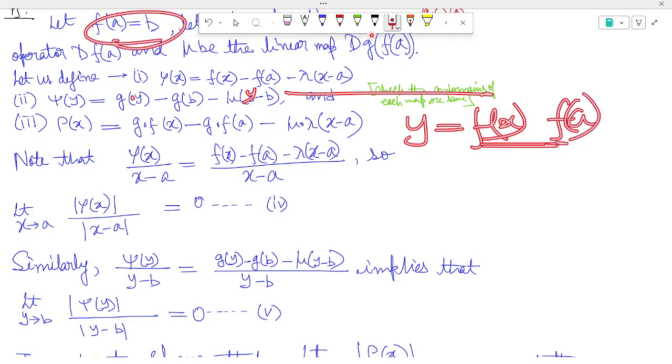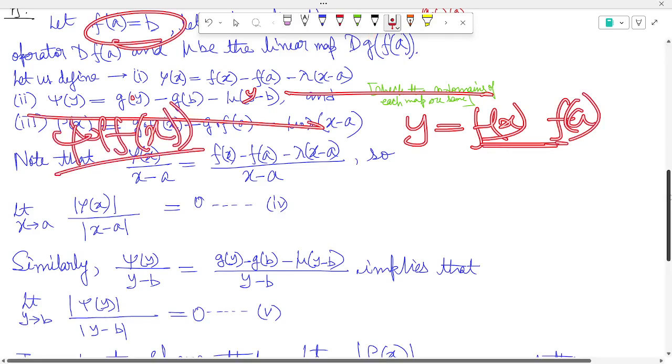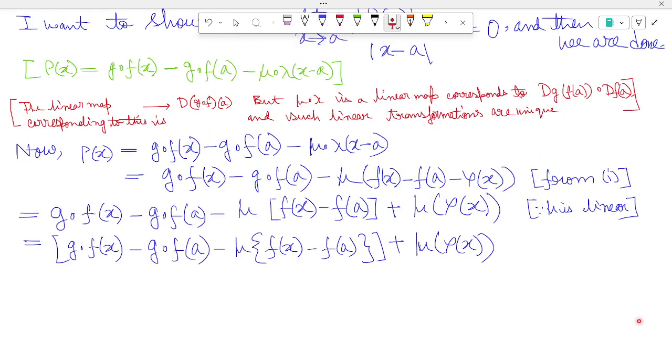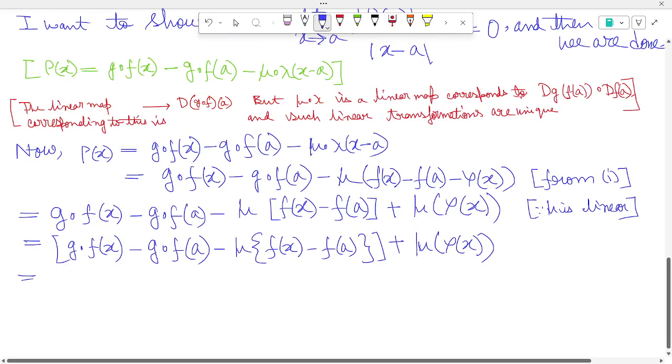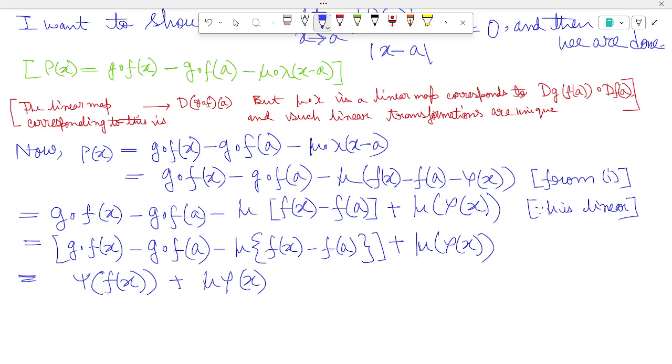So this is psi of fx. This equals psi operated on fx plus mu by x. Okay.